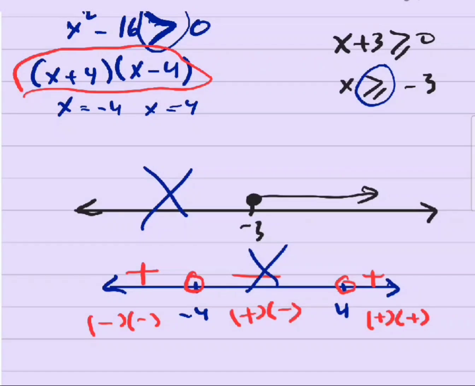So now, what we need to do is find the intersection of these two number lines. We got to find out where it's true for both functions. So I'm going to create a hybrid number line. So I'm going to put -4, -3, 4, and infinity, and negative infinity as well.